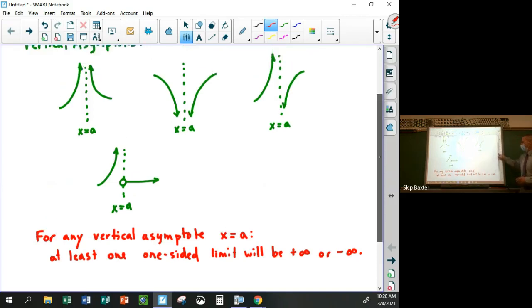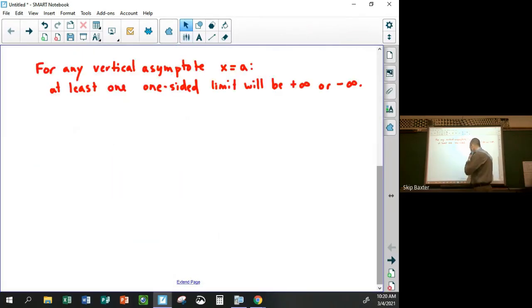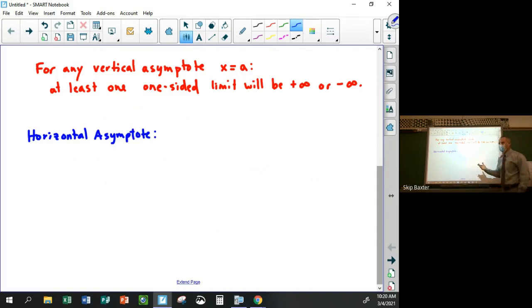Okay? So let's look at horizontal asymptotes and how they relate to limits. So if you have a horizontal asymptote, it's kind of a similar analysis we could take. There's several possibilities.